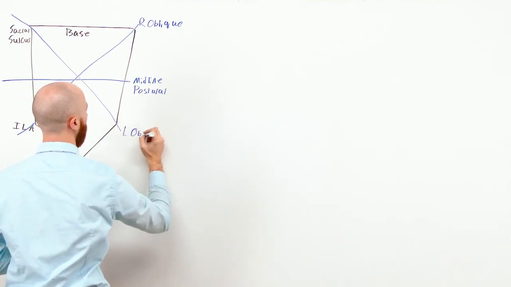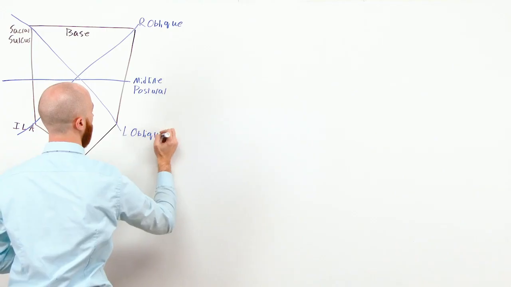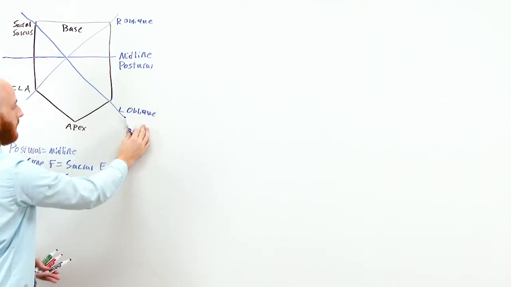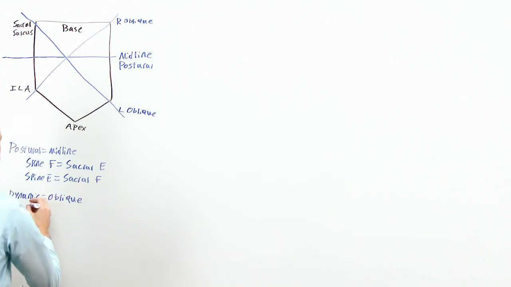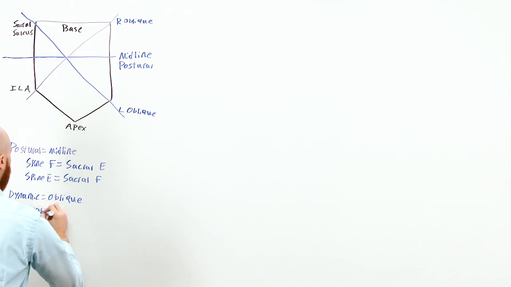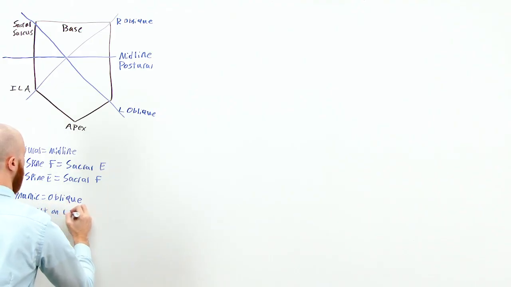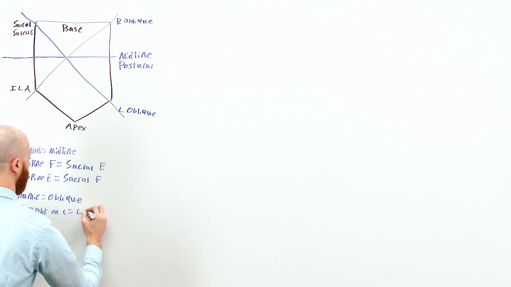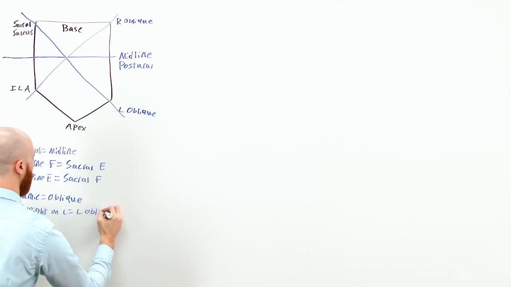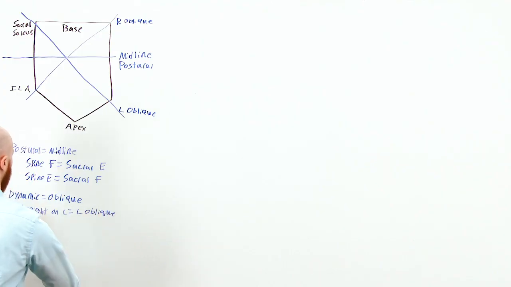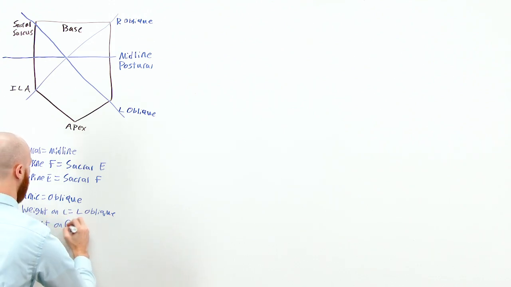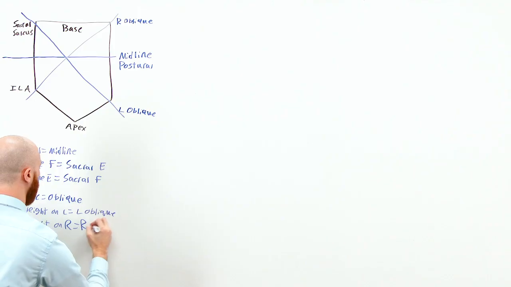Left oblique. So writing that out, weight on left leg means that you're engaging the left oblique. And weight on right equals right oblique.